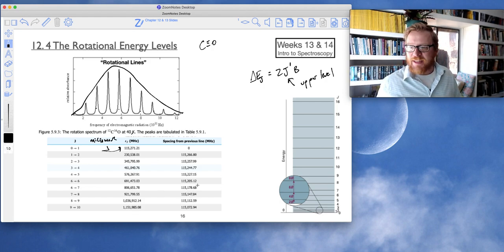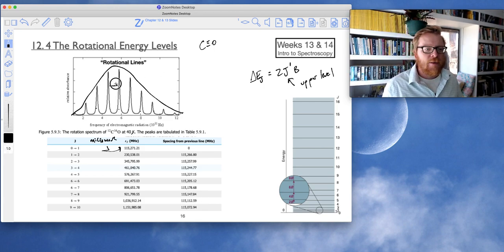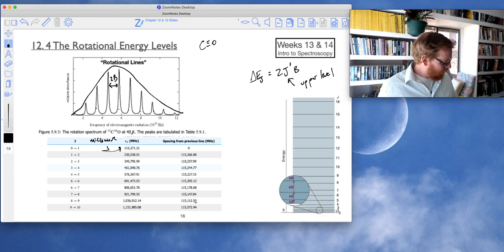And if you look at the spacing, it's approximately 115,000 megahertz. So if it's supposed to be one of these spacings every 2 times B, right? Let's note that, 2 times B. Then why are they not exactly 2 times B each time, right? What is going on there, okay?